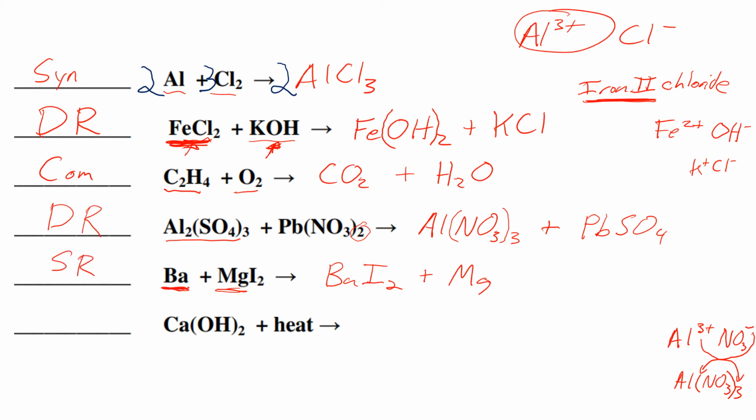One lone element, just replacing one thing inside of a compound, so it's single replacement. Now this is a common thing here. We have calcium hydroxide plus heat, and this is going to be a decomposition.